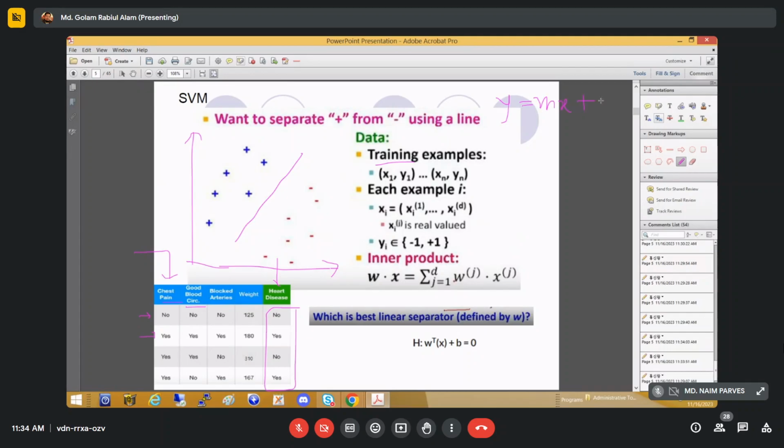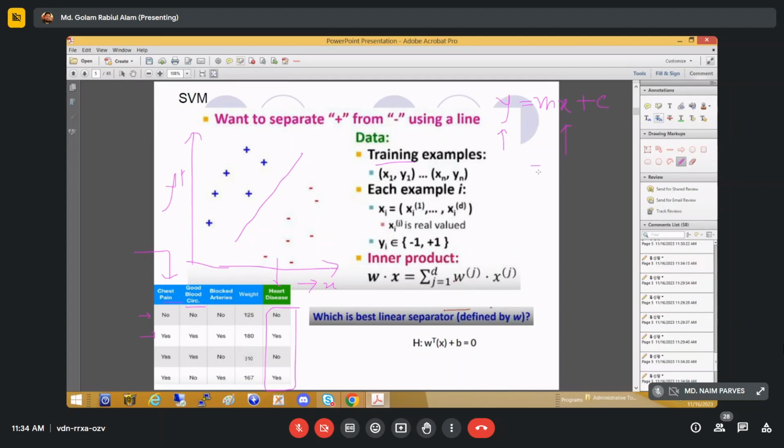In this case, we have the x-axis and here is the y-axis, meaning based on x, we want to predict y.